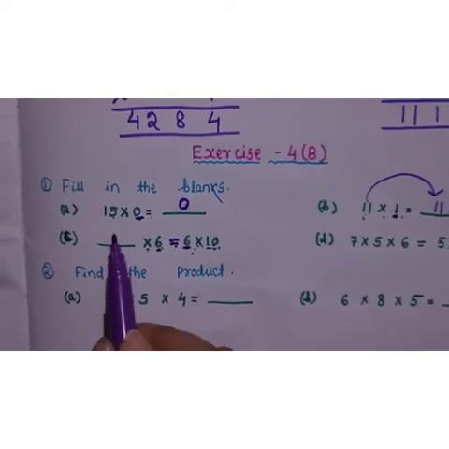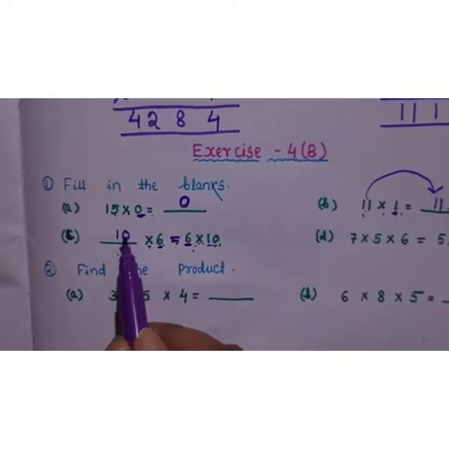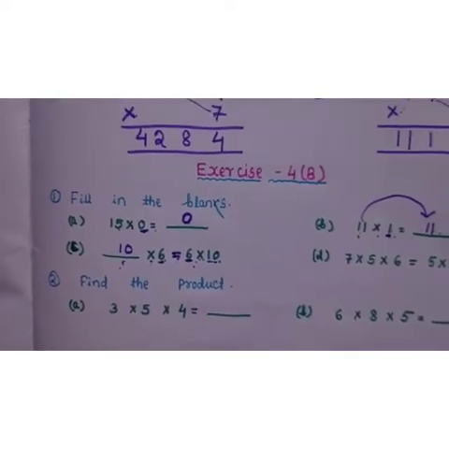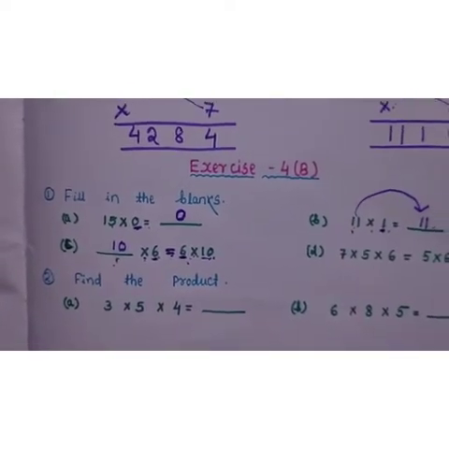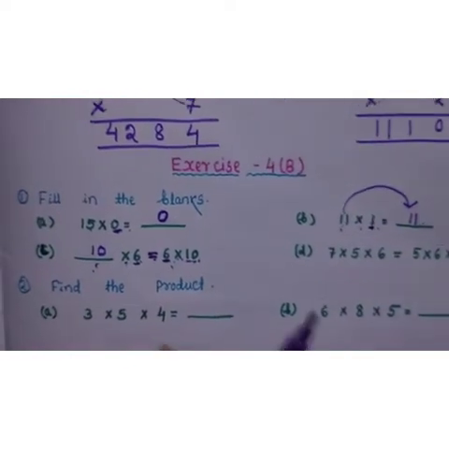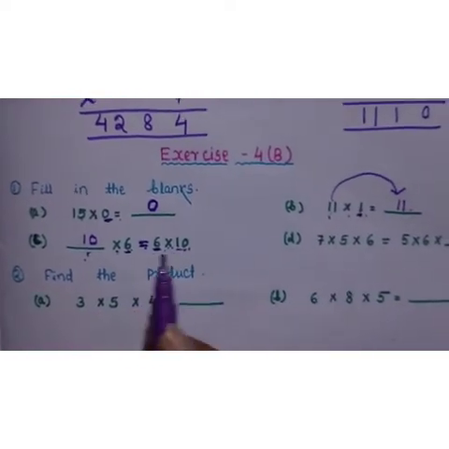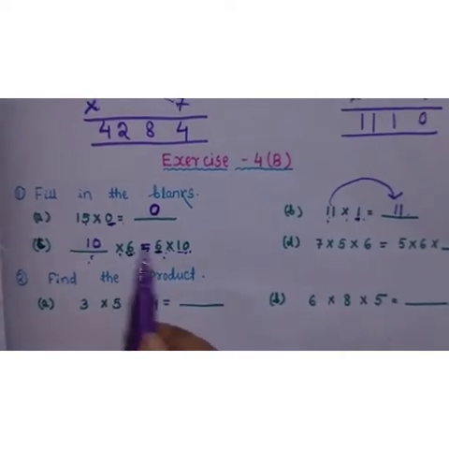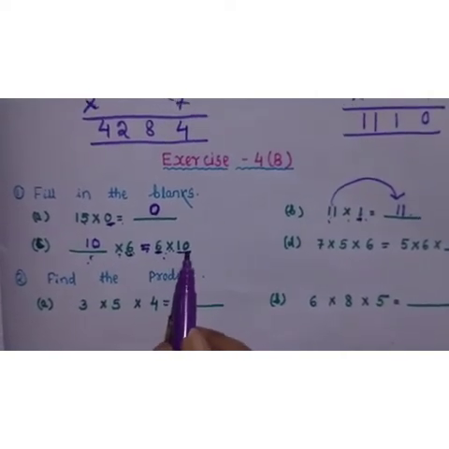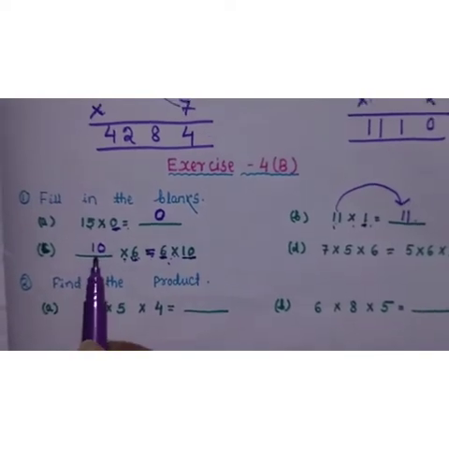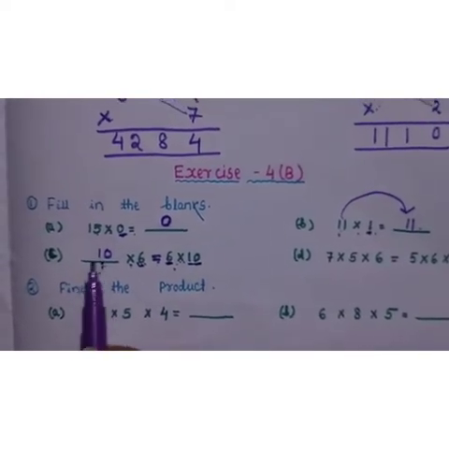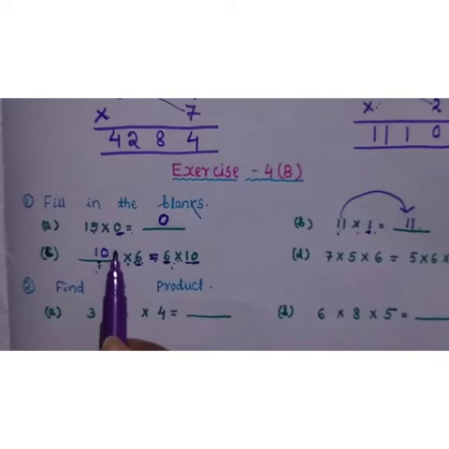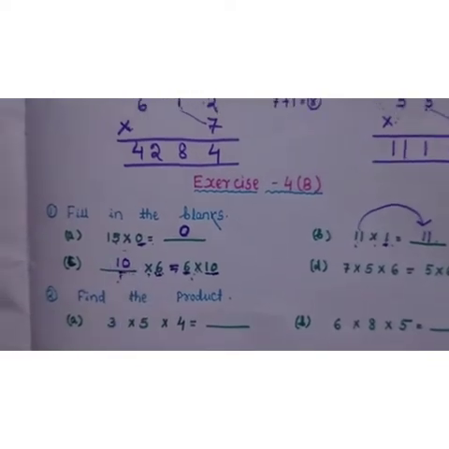So here 10 is the first position and 6 is the second position. If you see both sides, here 6 is given, here also 6 is given, but on this side 10 is given and on this side a blank is given, so we will write 10 here.